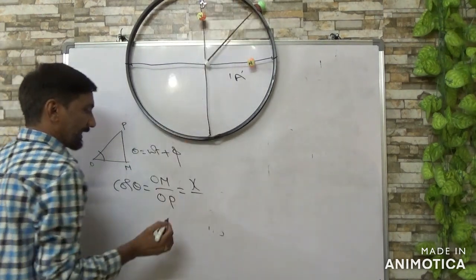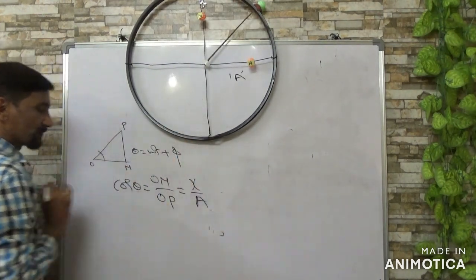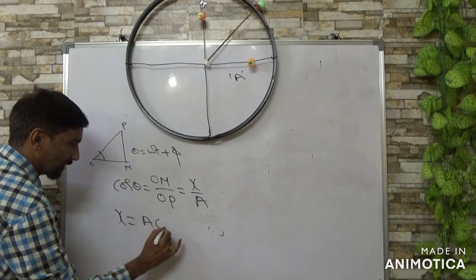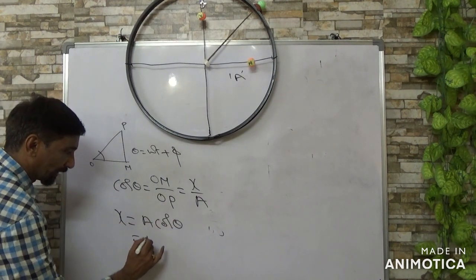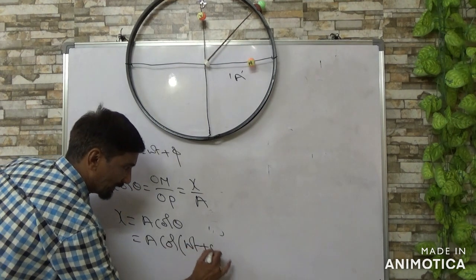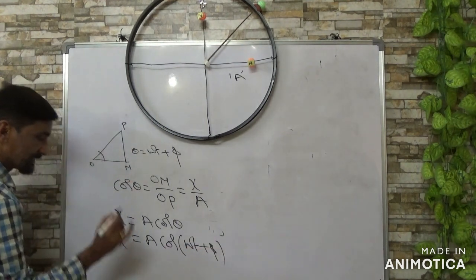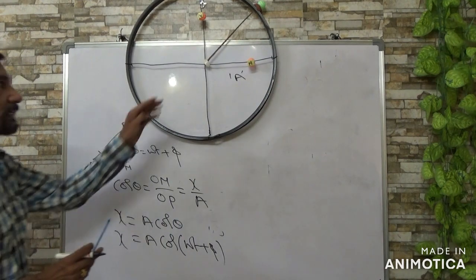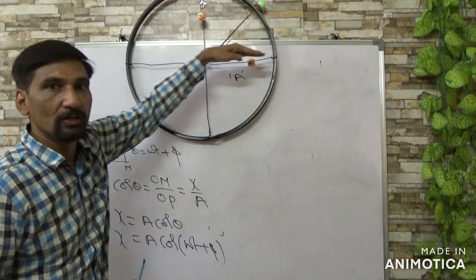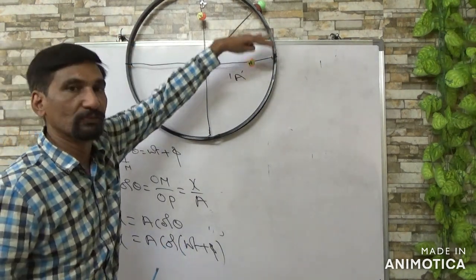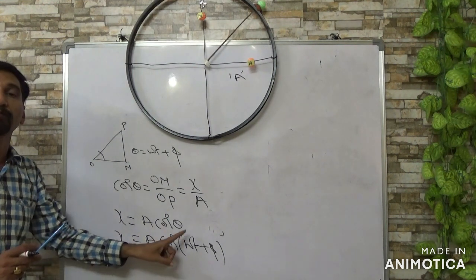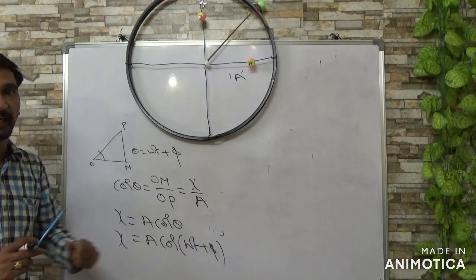OP is the radius A. Then you get x equal to A cos theta, or you can write A cos of omega t plus phi as x. So the displacement of the particle when it is projected on the diameter of this circle is x equal to A cos of omega t plus phi.